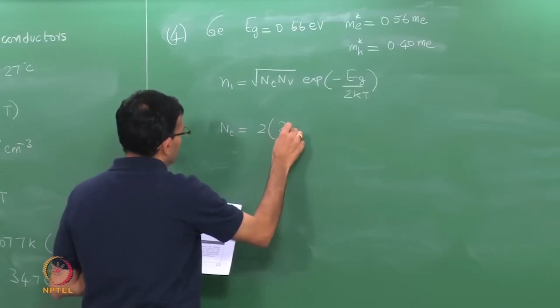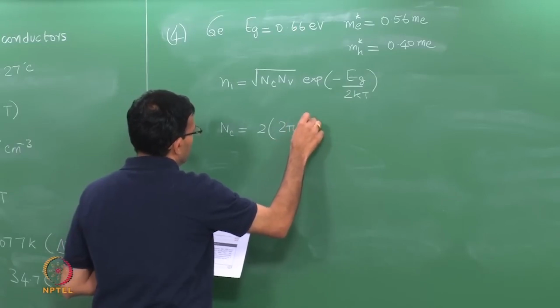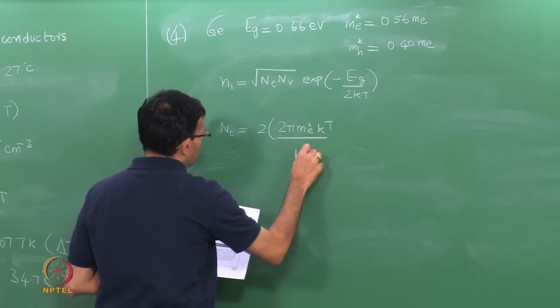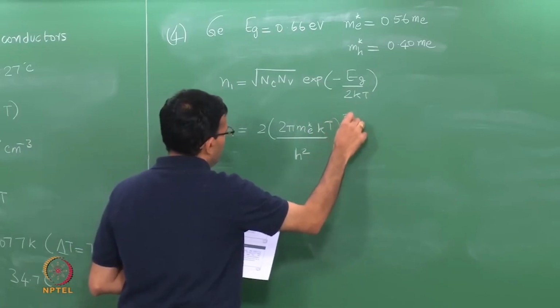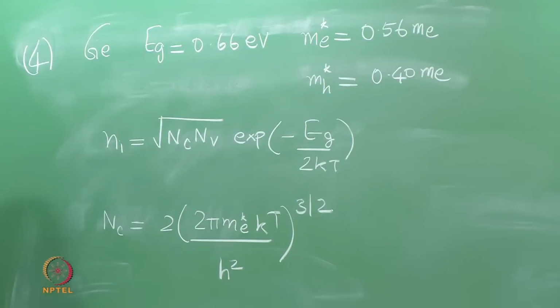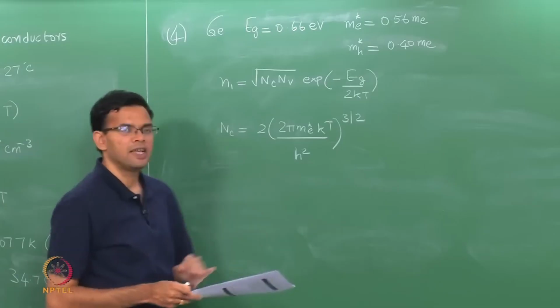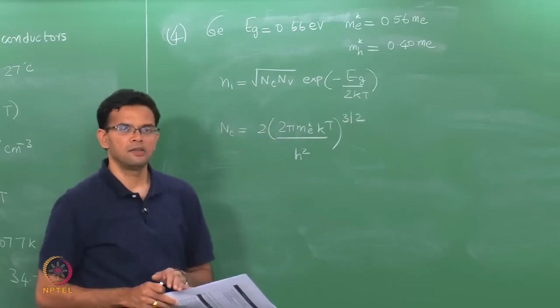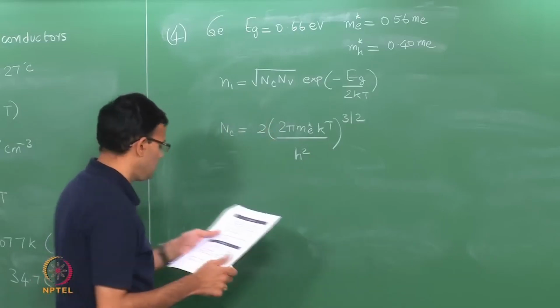So, Nc is 2 pi Me star kT over h square whole power 3 over 2. We can write a similar equation for Mh star. We saw that earlier during question 2. So, once again we can calculate Nc and Nv, plug it back in and get the value of Ni.